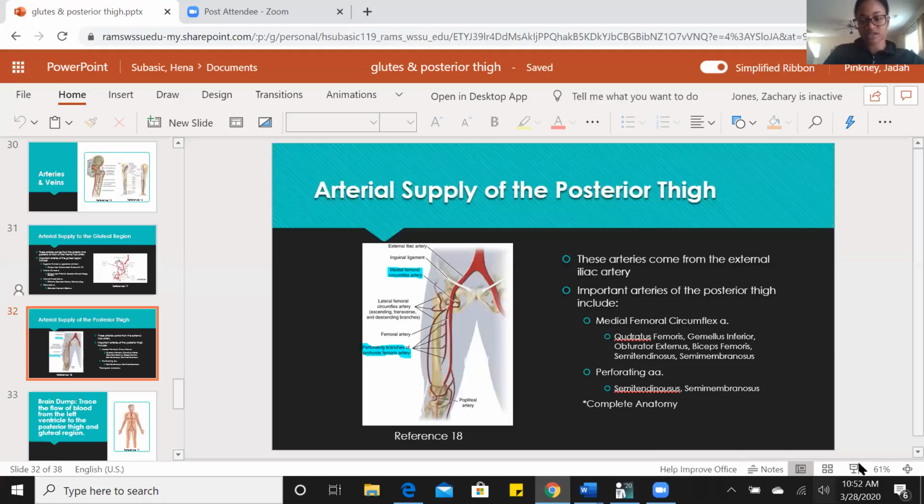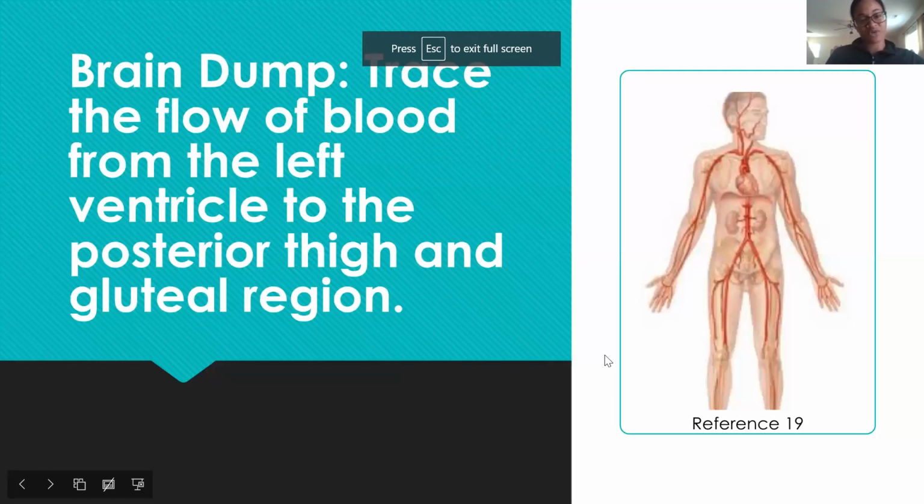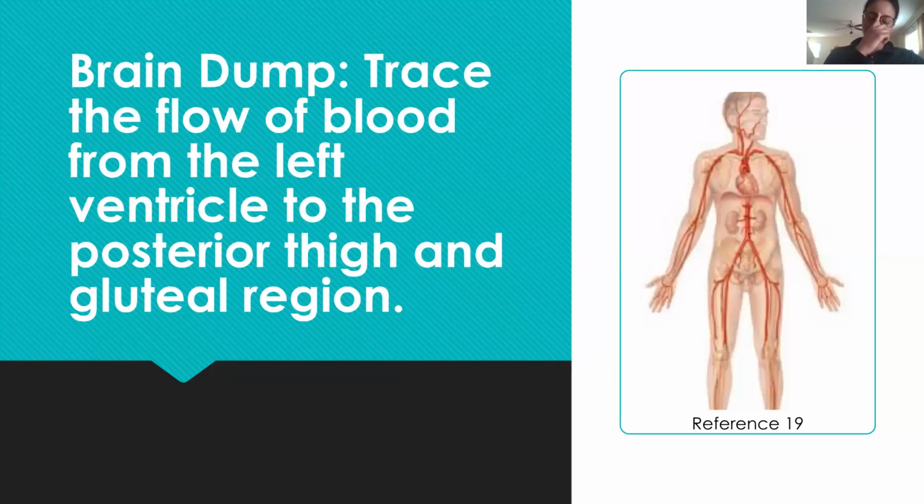All right. So now I just want you to take a second, do a brain dump. I'm going to give you some time. Trace the flow of blood from the left ventricle to the posterior thigh and the gluteal region. You can be as specific as you want, as vague as you want, just see if you can trace it all the way from there to where we are now.